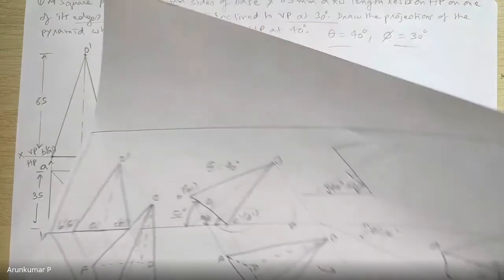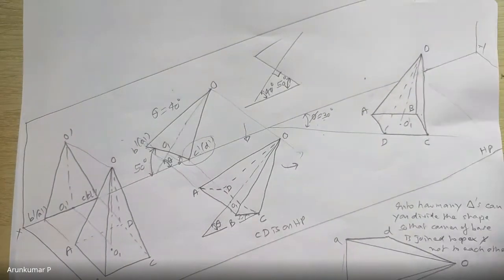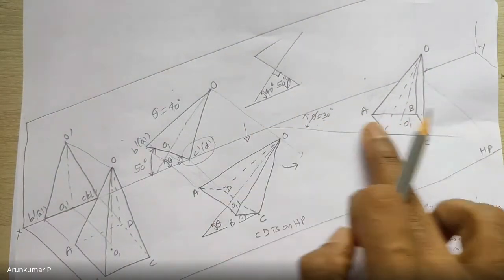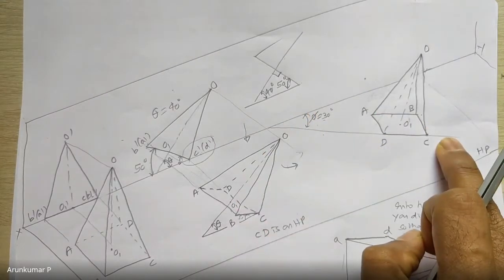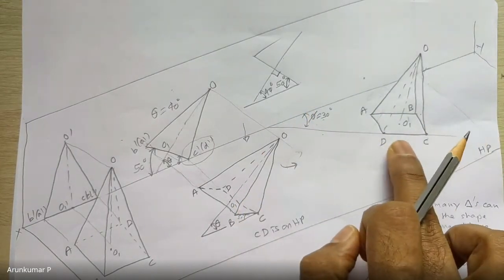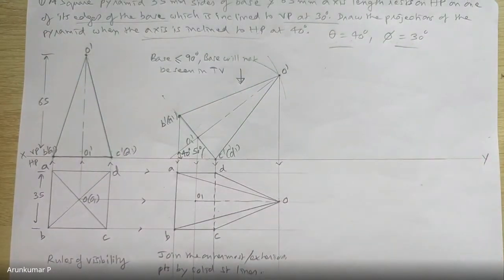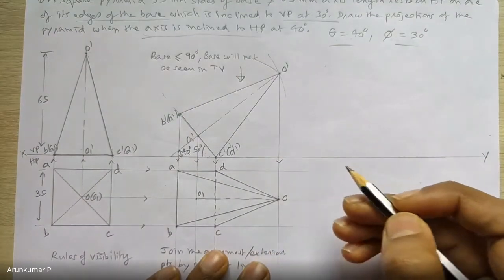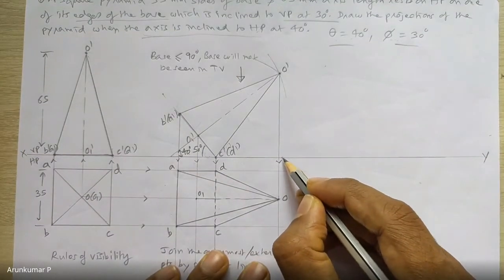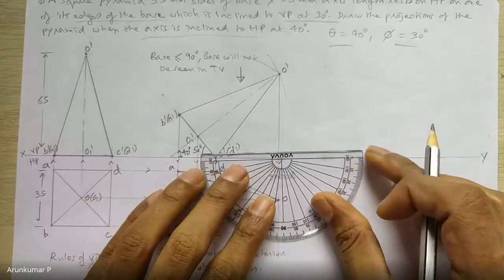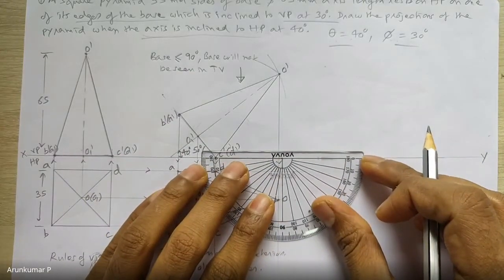Third step, you have to draw the 30-degree angle to VP and put this edge CD on VP. So first draw the 30-degree line. What you can do is mark a point here, maybe here, because I don't have a lot of space. So I'll start very near.